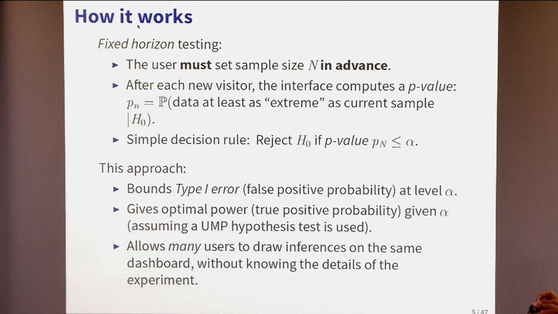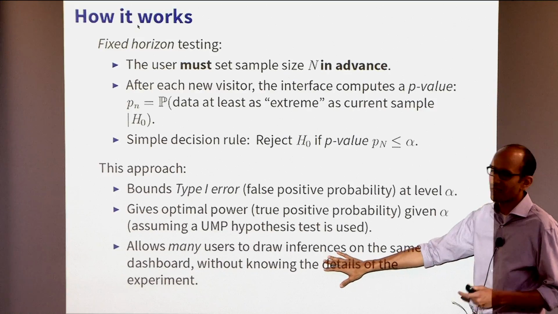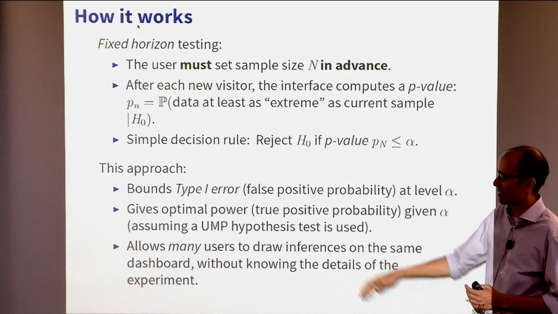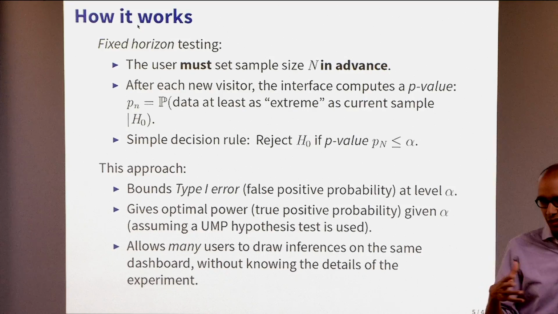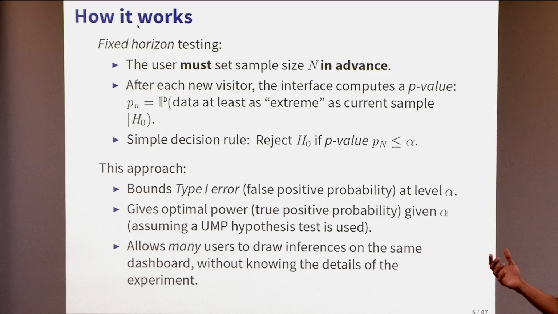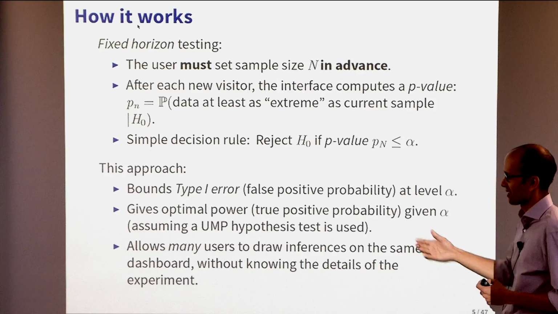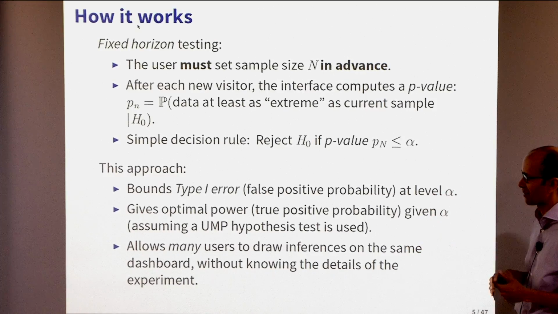Okay? And one of the nice things for a dashboard, whether internal to a company or external like Optimizely, is that many different people are going to be drawing inferences from the same data. And so one of the appeals of something like a p-value or confidence intervals computed from this type of methodology in an organizational context is that it allows many different people with different risk preferences to interpret the same data without having to first unfilter someone else's subjective beliefs from the data.